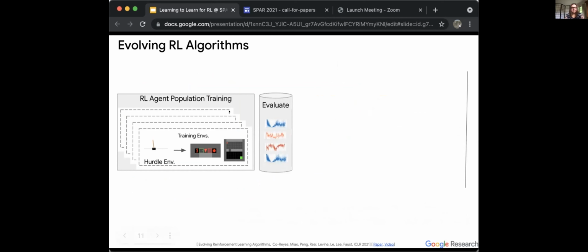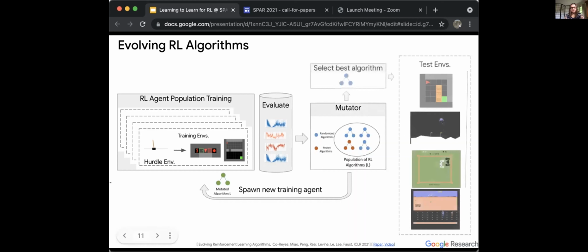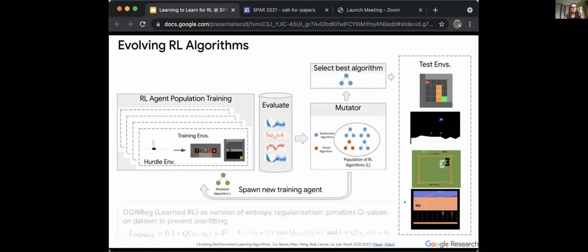Then we have several other simpler environments where it's trained and evaluated. Then it goes to the mutator that selects and proposes the next graph and spawns the new agent, and the process goes on. Once we select the algorithm, we use test environments that are not seen before and are different from the ones seen before. So there are mazes and Atari, which we haven't used at all in training.